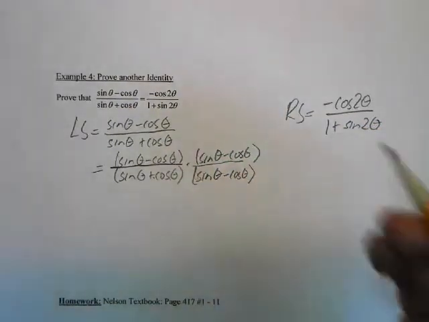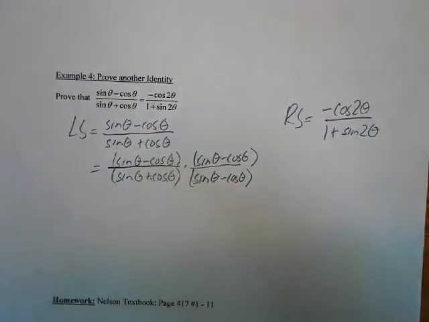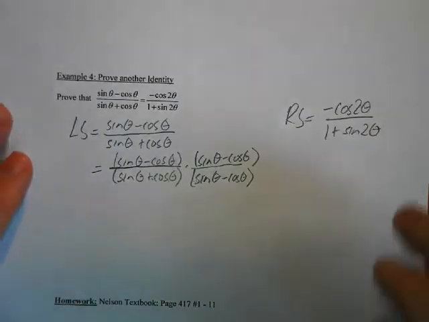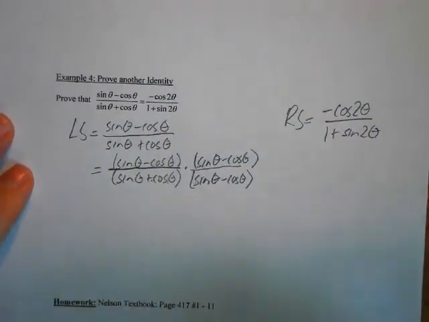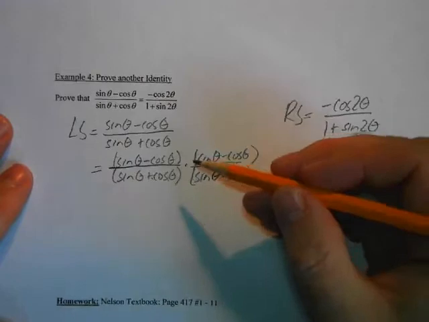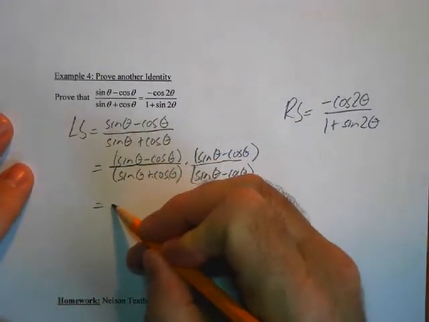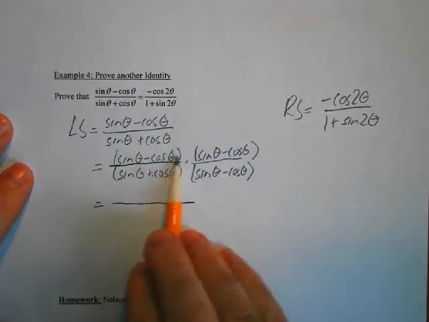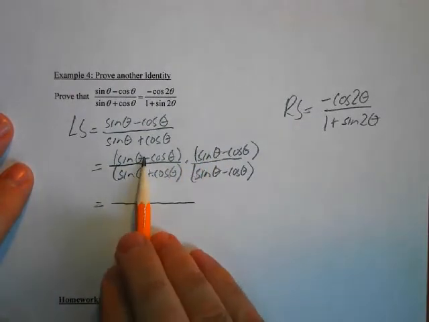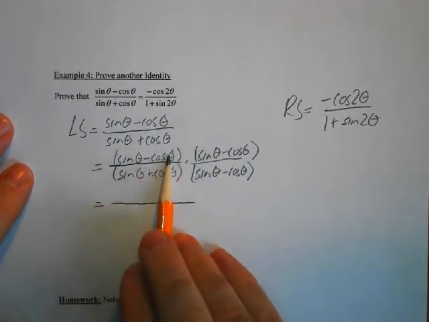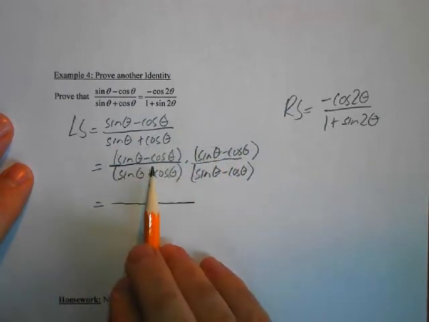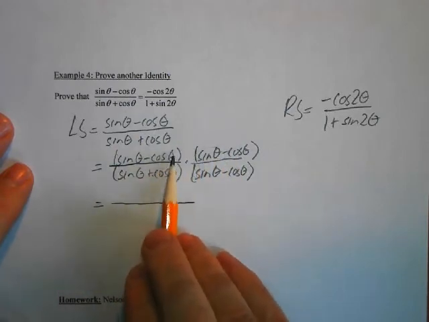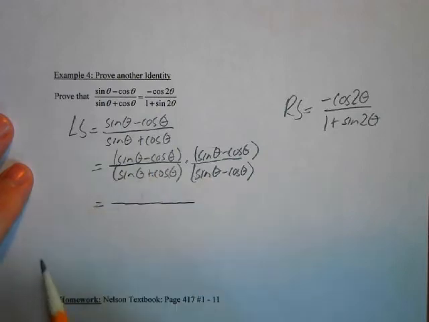Okay, now it looks like your first step is just going to make it something really horrible, but you know when you use the conjugate strategy, you actually clean it up really nicely. So what do we get on the top? Well, this is just this thing squared, sine theta minus cos theta squared, which doesn't help you, but we're going to expand this using our FOIL.